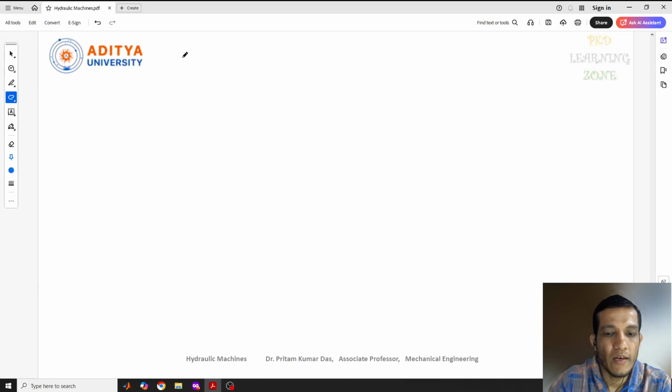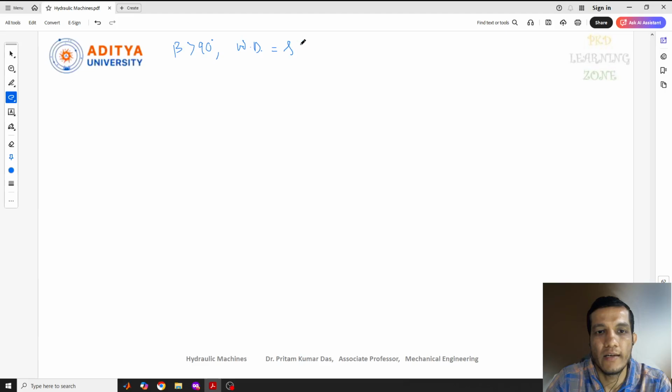When the beta angle is more than 90 degrees, in that condition for the work done you just need to consider the negative sign. That means rho a v1, bracket start, v w1 u1 minus v w2 u2.